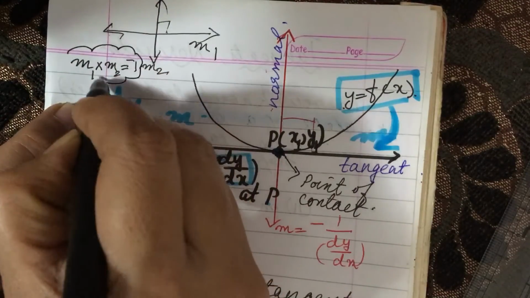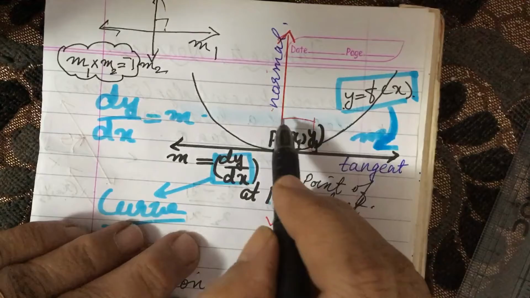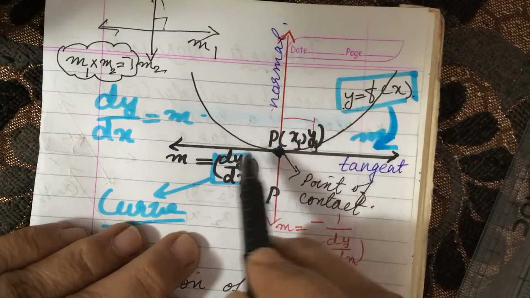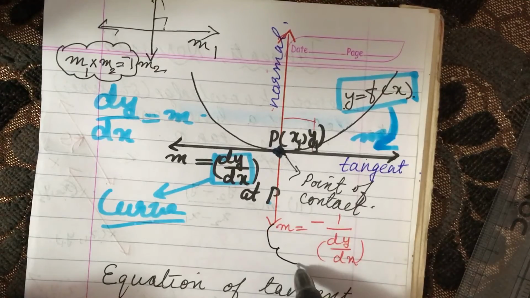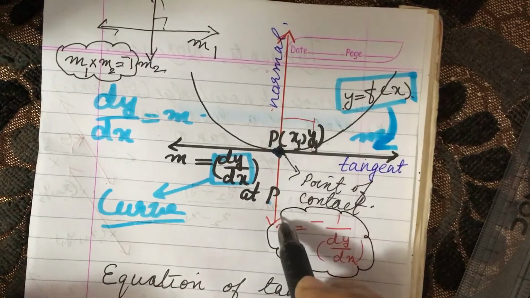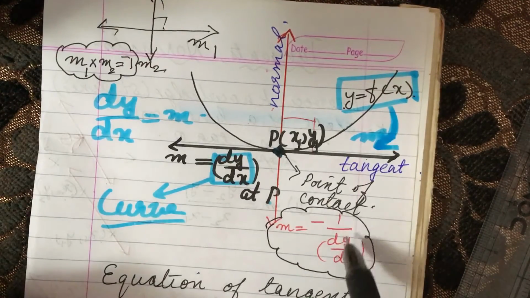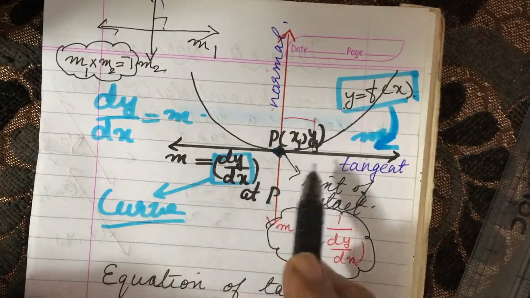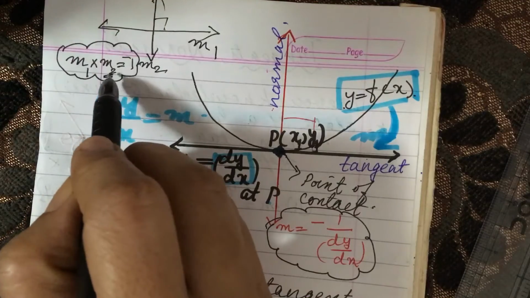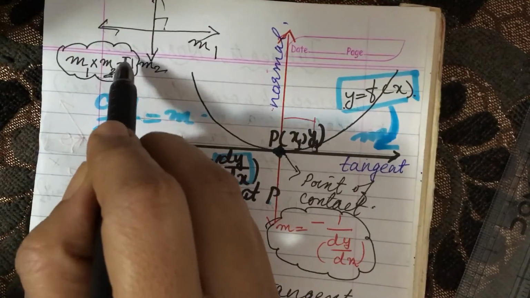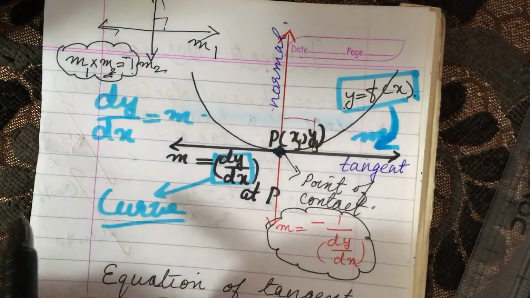If you apply this property here, the normal is perpendicular to the tangent. The slope of the normal is minus 1 by the slope of the tangent, because from this equation, you can say that m2 equals minus 1 by m1.